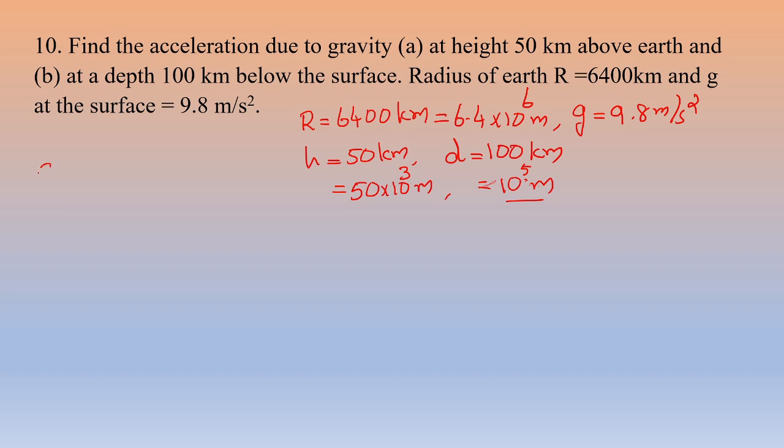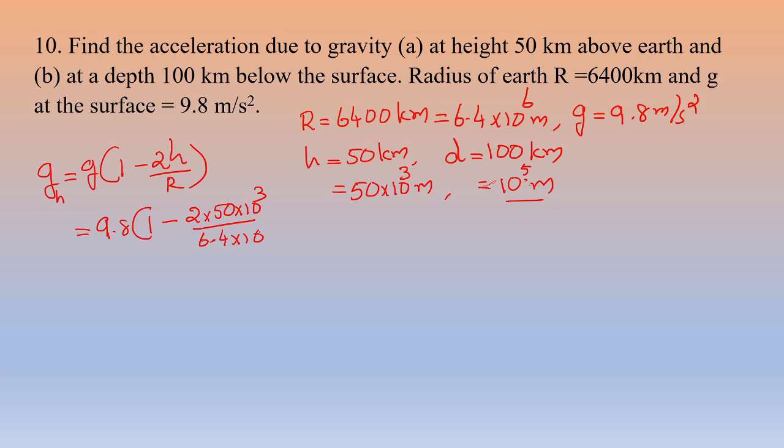We have the expression for the value of g at a given height, gh is equal to g into 1 minus 2h by r. So let us substitute g on the surface, that is 9.8, into 1 minus 2 into h is equal to 50 into 10 raised to 3 divided by the radius 6.4 into 10 raised to 6.